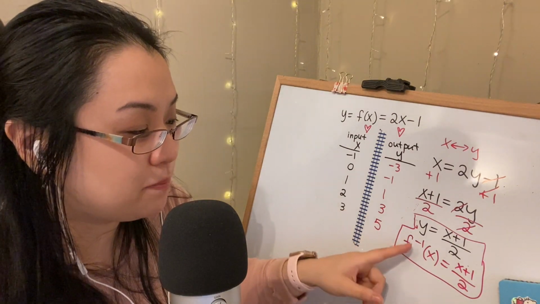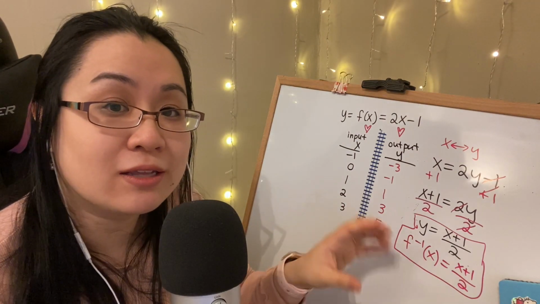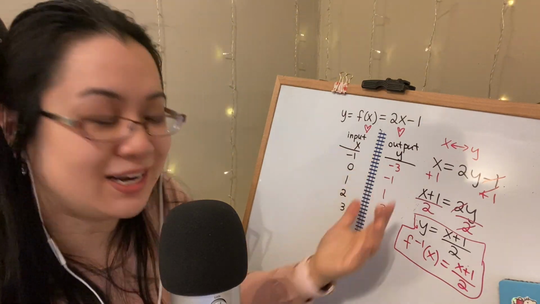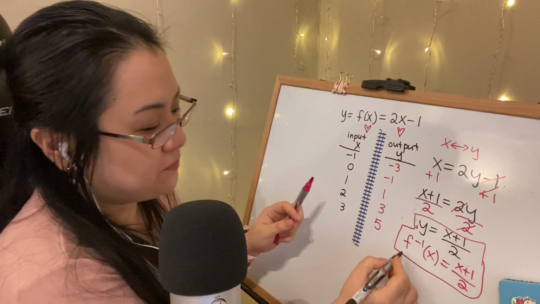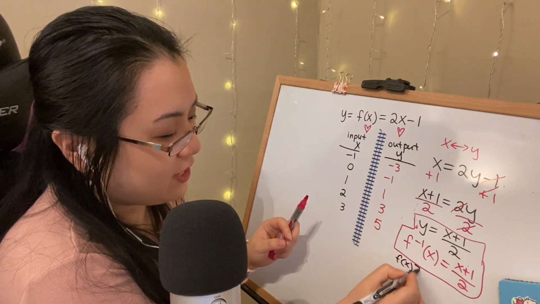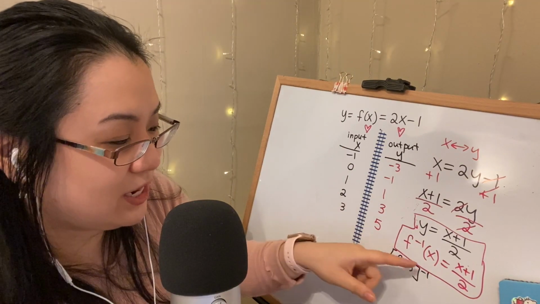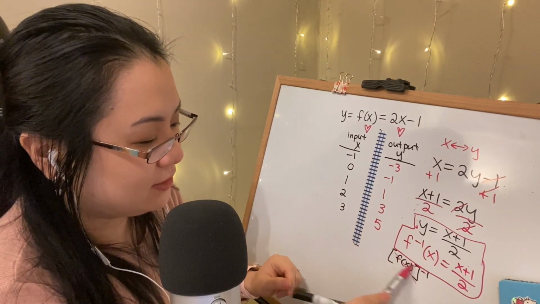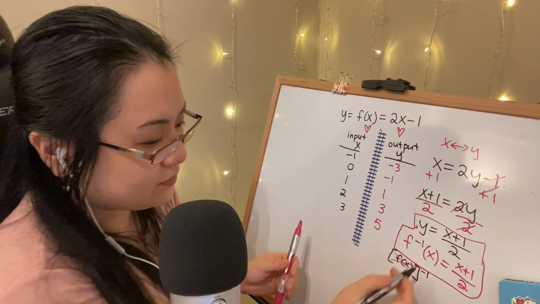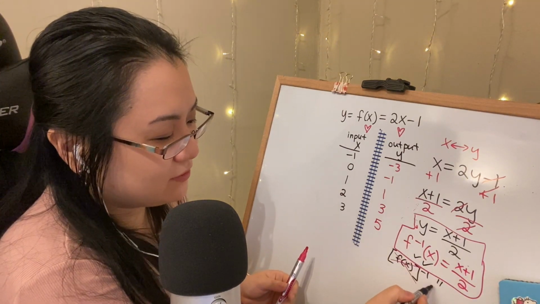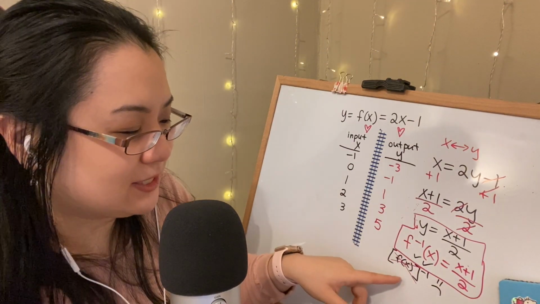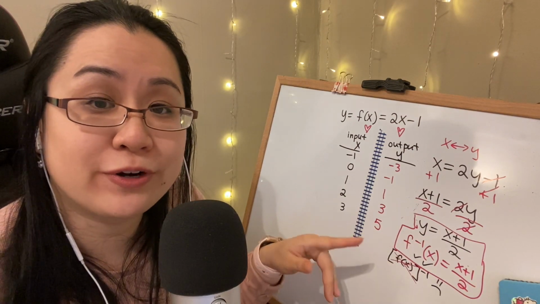Inverse of a function is not the same as f of x raised to the negative 1 power. That would be like this. The whole thing raised to the negative 1 is not the same, okay? So we like this one, we don't like that one, and that's because this is 1 over f of x.